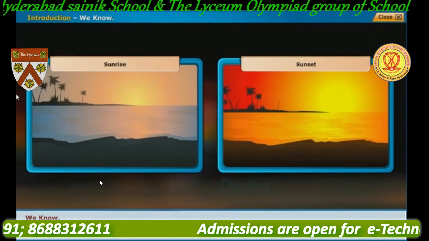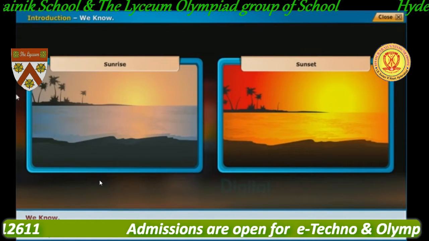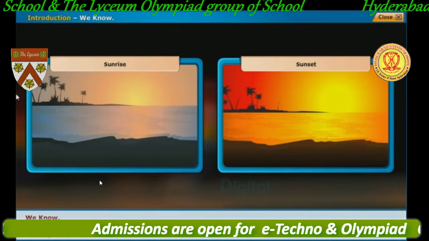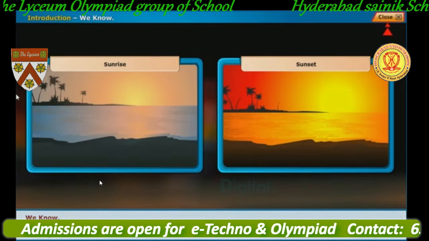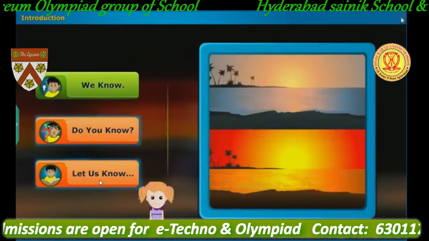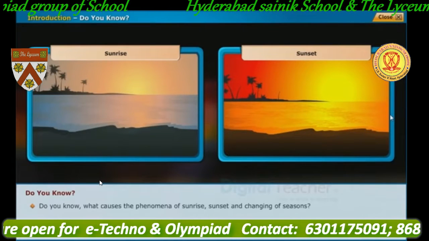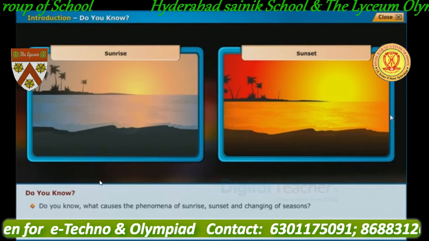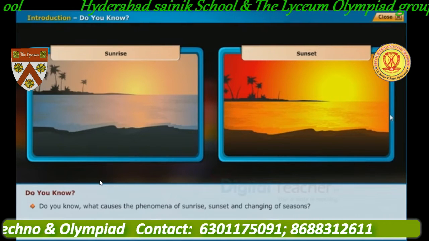We know that it is due to the motion of the earth that the phenomena like sunrise, sunset, changes in the seasons, etc. occur. Do you know what causes the phenomena of sunrise, sunset, and changing of seasons?